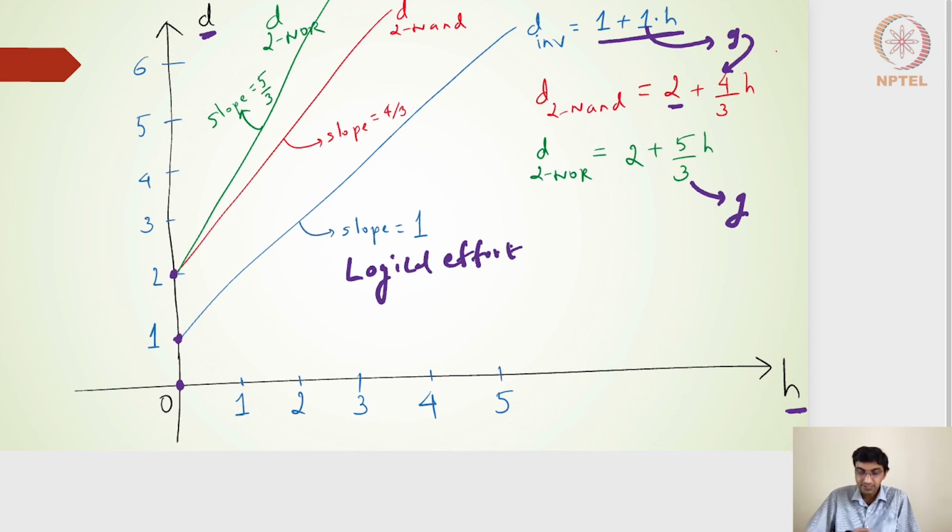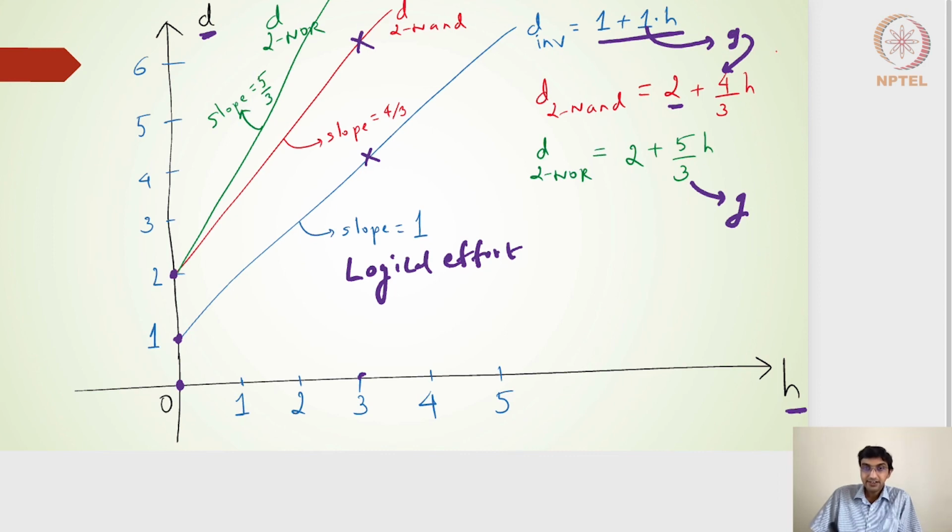And based on H, I should be able to estimate the delay. If H is equal to 3 or something, I should be able to find what the inverter's delay should be, what the 2-input NAND gate's delay, the 2-input NOR gate's delay, the 3-input NOR gate, and then the 3-input NAND gate should be. And if I consider the 2-input NOR gate on this particular line, the slope is 5 by 3, and as H increases, I'll get more and more delay.